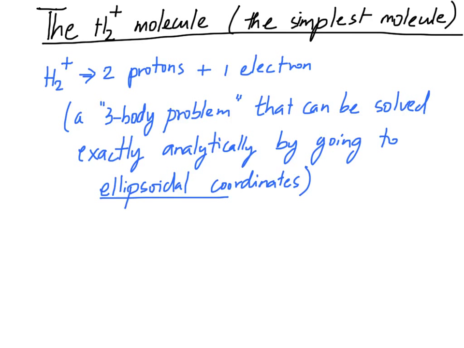Because of this factorization, we are able to handle the electronic degrees of freedom separately in a fixed potential created by the two protons, and we do it step by step. So for every fixed pair of positions of the two protons, we can solve the electronic problem, we can get the energy, and we can go from there. And that's what we are going to do right now.